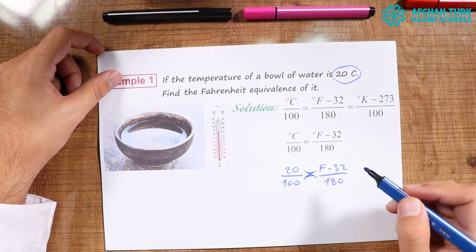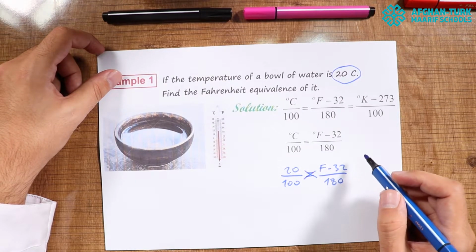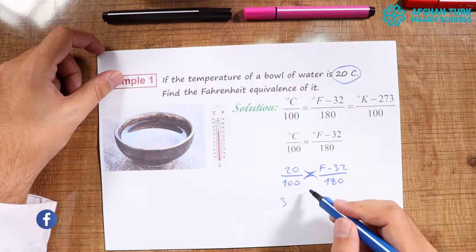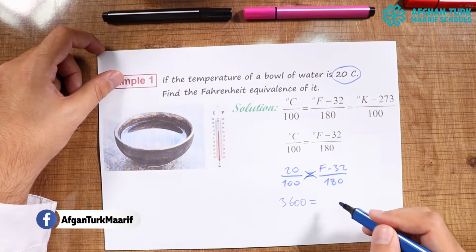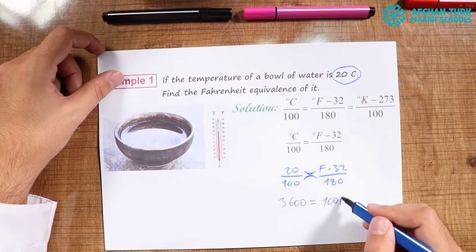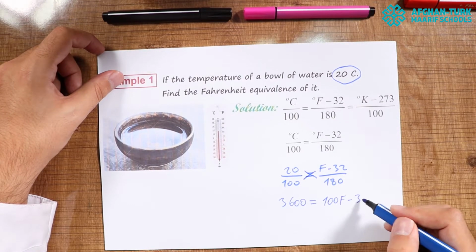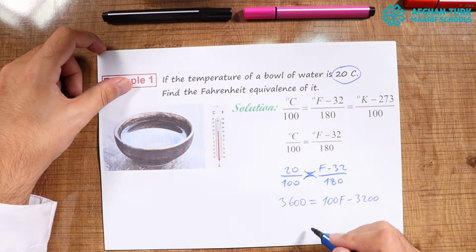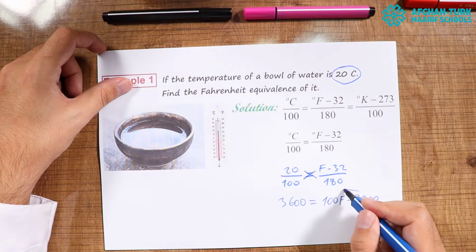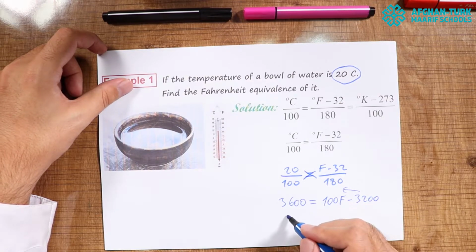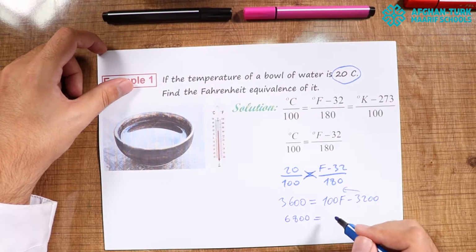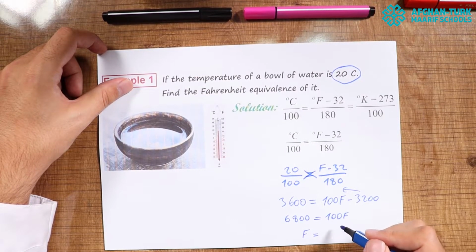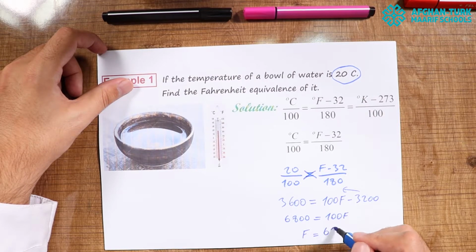From the cross multiply, I will have 3,600 equal to 100F minus 3,200. If I send this to the other side, I will have 6,800 equal to 100F. And from here I can find F as 68.